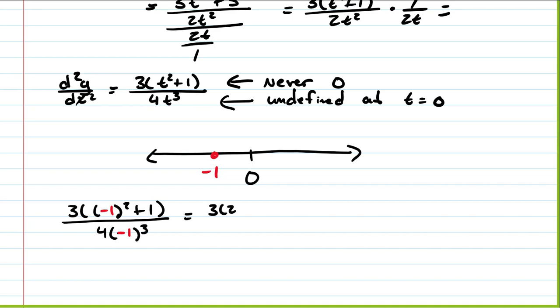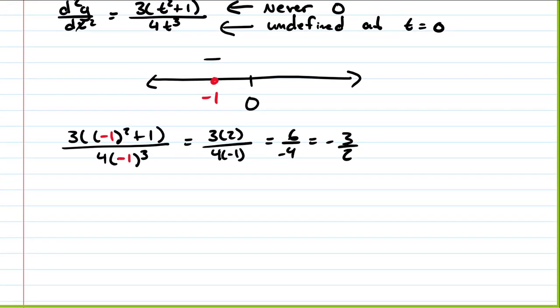So that's 3 times 2 all over 4 times negative 1, which is 6 over negative 4, which is negative 3 halves. So that means this side is negative.